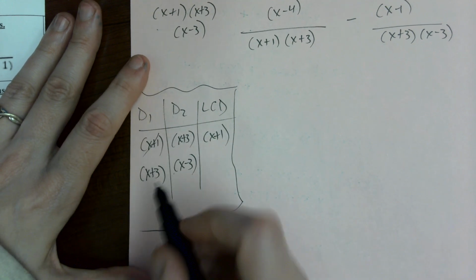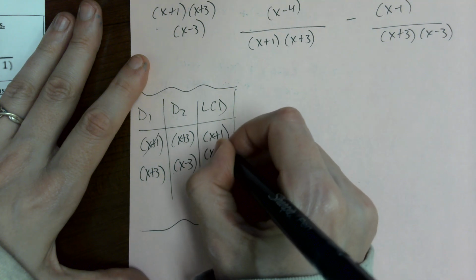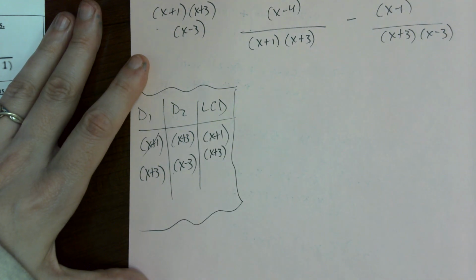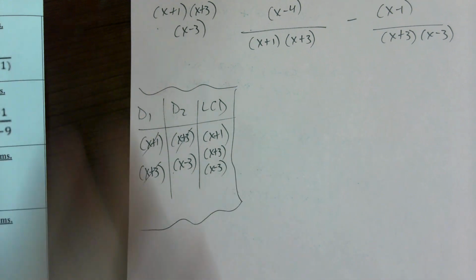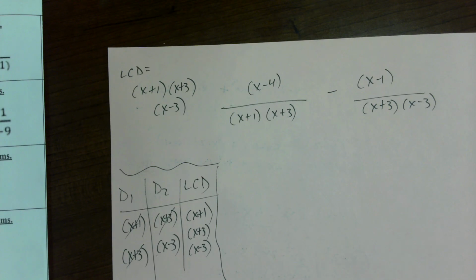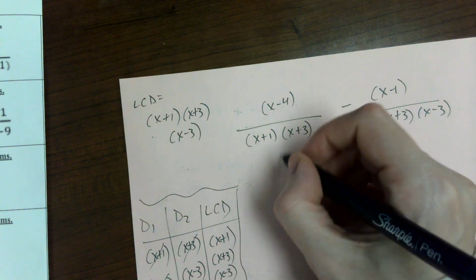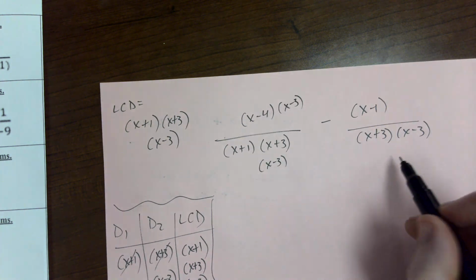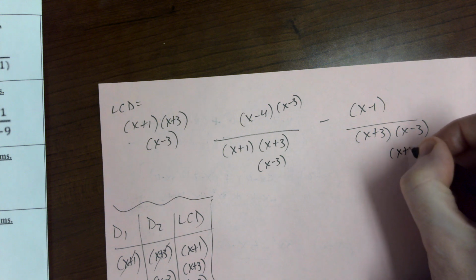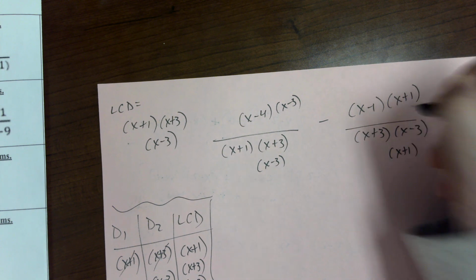Then I need an x plus 3 and I can cross off one of them from each column. And then I need the x minus 3. So that's another way you could figure it out. This one is missing the x minus 3. This one is missing the x plus 1.